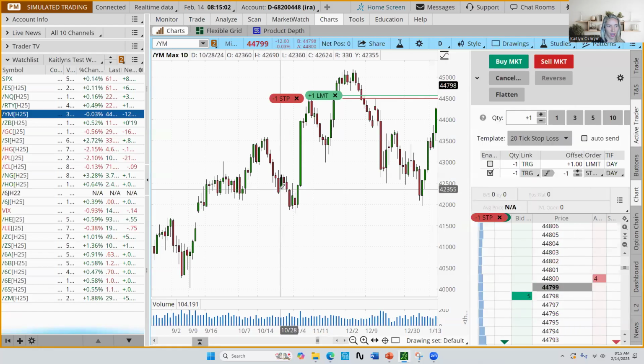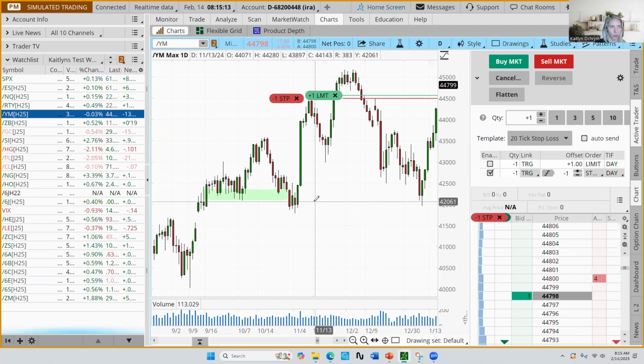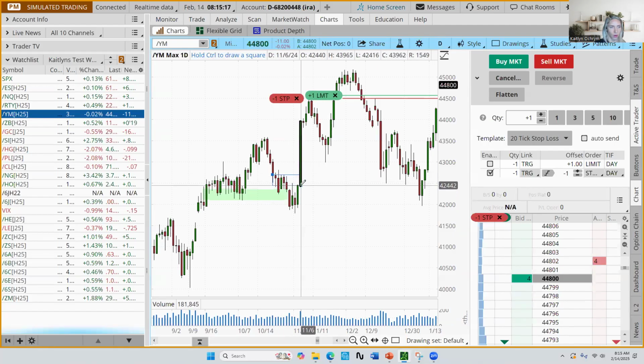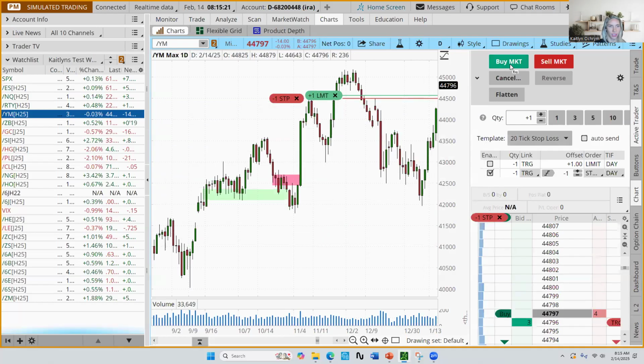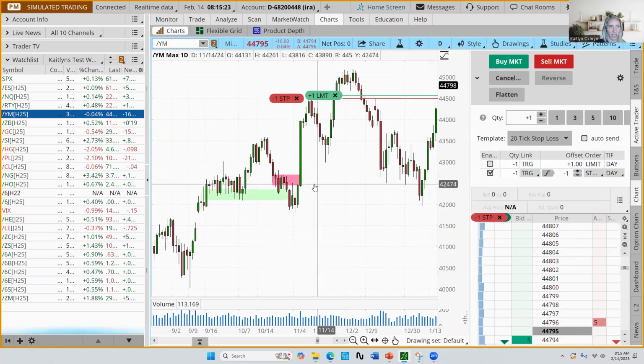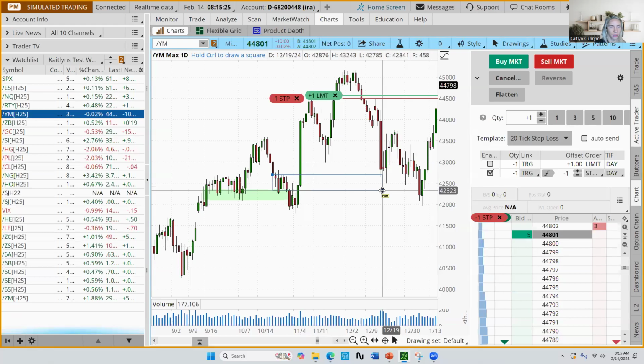So if I'm looking left, here was the support where price was being held up. Where was the zone or the resistance where price was being held down? All in here. Mark that with a pink rectangle. And then you extend those to the right.